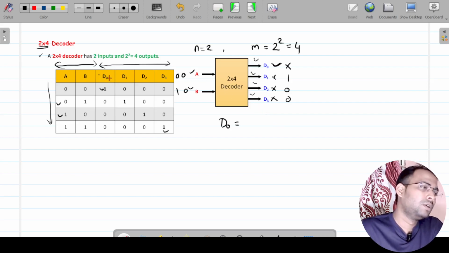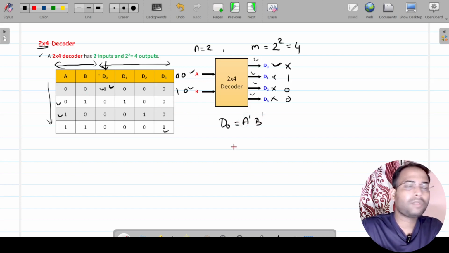Generally this is written in SOP format. Wherever the value of the function is equal to 1, we write the corresponding value in SOP format. If you look at the D0 column, the value is 1 only in one place, and all other places it is 0. So the corresponding values in SOP format we write: A dash B dash.